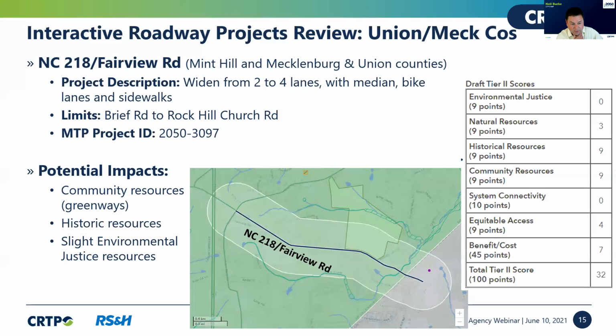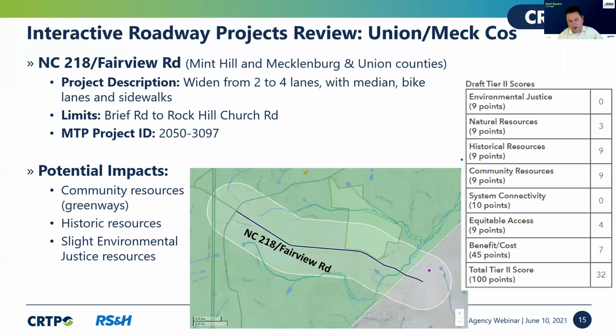Generally, when we draw the line, projects with a Tier 1 score above, say, 90 will advance into Tier 2. We don't bring in underperforming projects below that line. There's a couple of exceptions though. If a project made it into the fiscally constrained project list when we did this for the 2045 MTP, we did bring those projects in for evaluation in Tier 2.